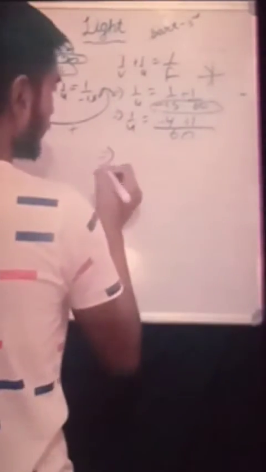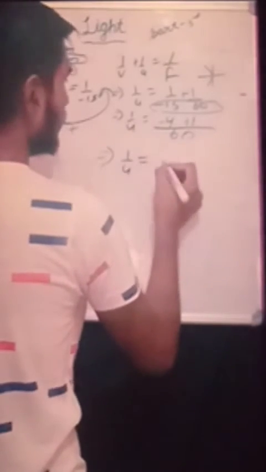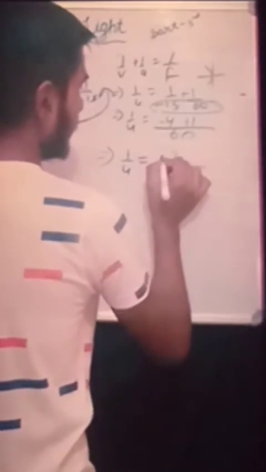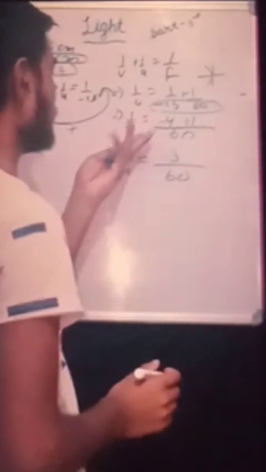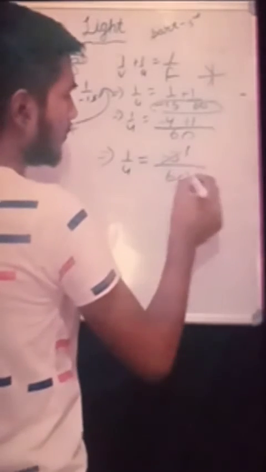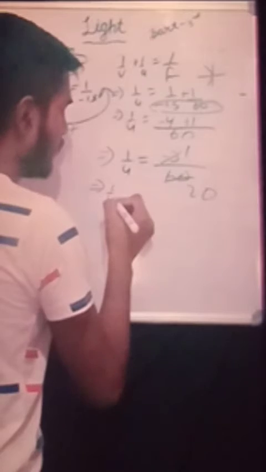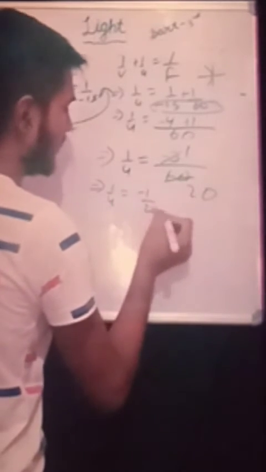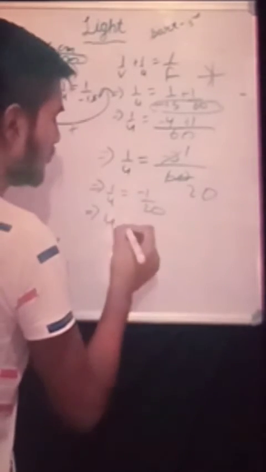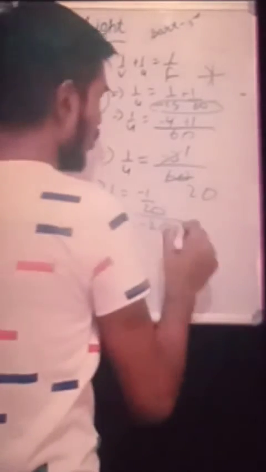Now see here, 1 by U equals minus 4 plus 1 over 60, this is going to be minus 3 by 60, because the minus 4 is greater, so the values are subtracted. So 1 by 20. This is 1 by U equals minus 1 by 20. Then U is going to be equal to minus 20, taking the reciprocal. What is the minus representing?